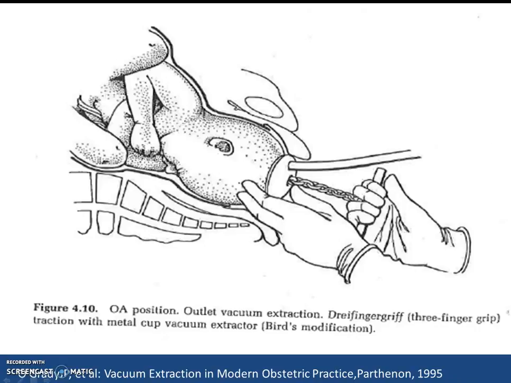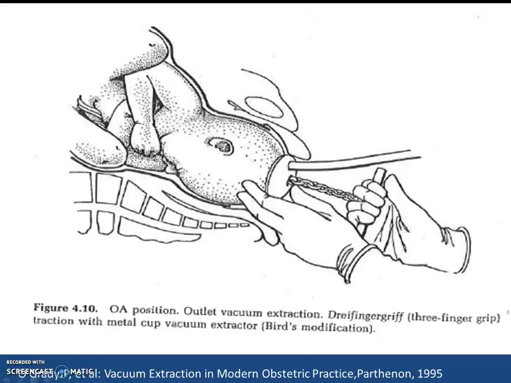Remember that the fetus has to be more than 34 weeks. The risk of cephalohematoma, by the way, is related to the duration of the pull overall, and there does not appear to be any difference in cephalohematoma risk if you reduce the pressure in between pulls.